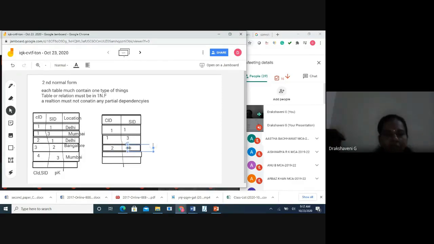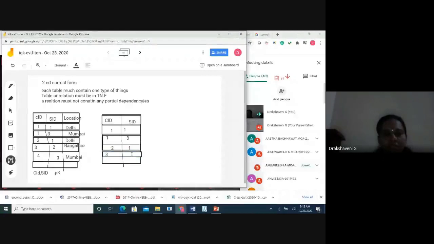He will go again to store 1. Now Aishwarya. Aishwarya's number is 3, and she will go to the second store because she is staying somewhere in Yelahanka. So she will go to the Yelahanka store. That is store 2.